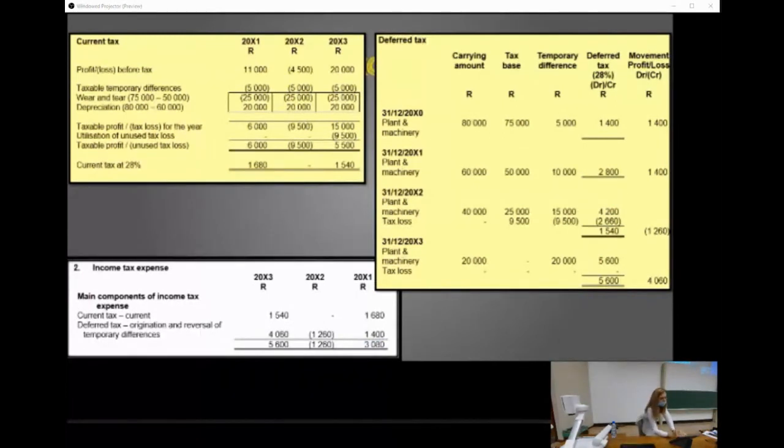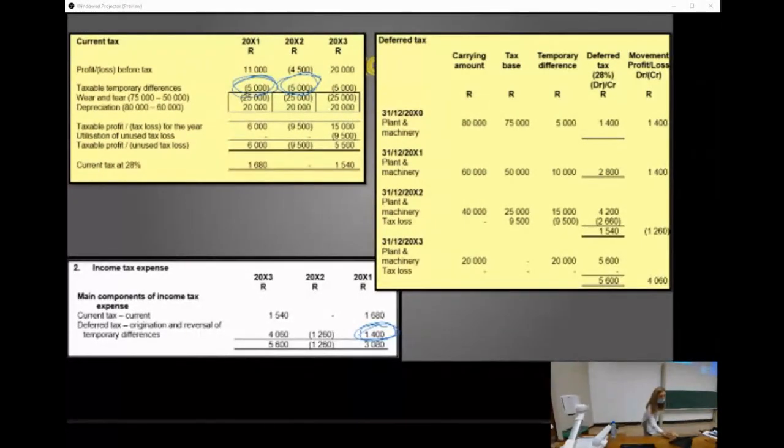So for X1, if we take the 5,000 and multiply it by 28%, yes, it gives me the movement. Good. However, if I now take the 5,000 again for X2 and multiply it by 28%, I get 1,400, and here I have 1,260 income.